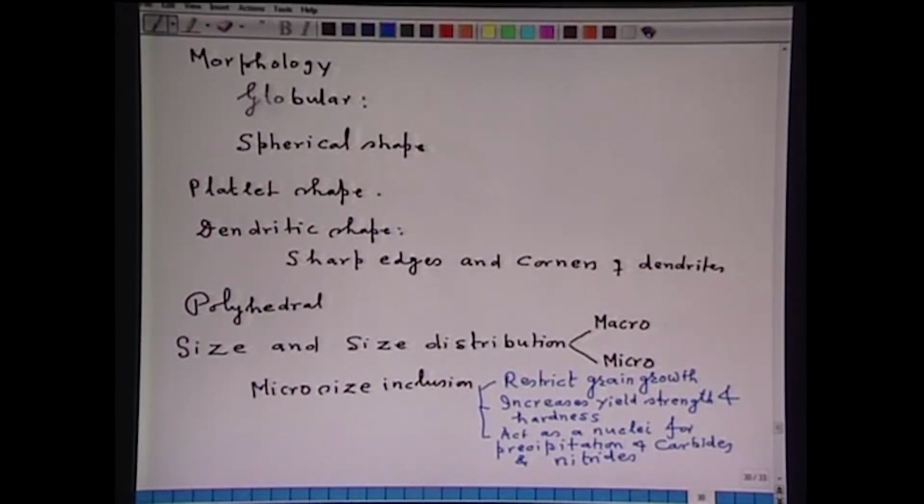So, in short, what I wanted to say is that not all sized inclusions are harmful. A statement that inclusions are always harmful has to be modified in terms of what is the size of the inclusion we are referring to. If the inclusion size is very small, say micro size inclusion, then you may not like to remove them because they will be beneficial during the process of heating or reheating the steel to create these special properties.